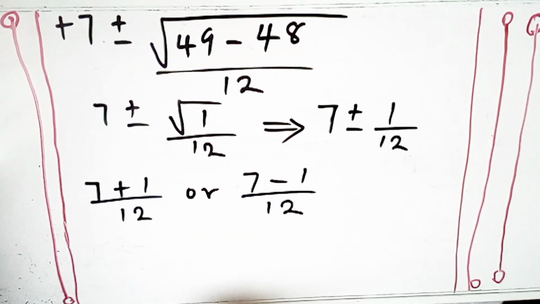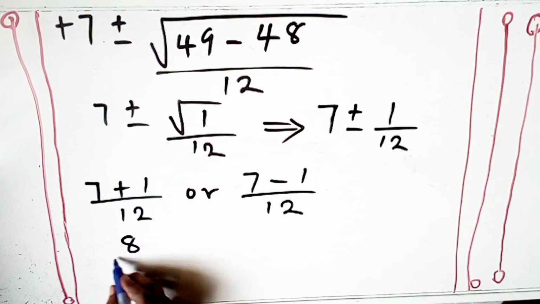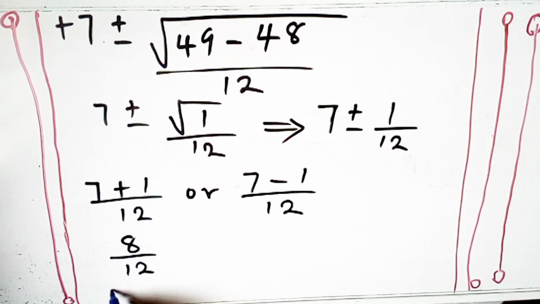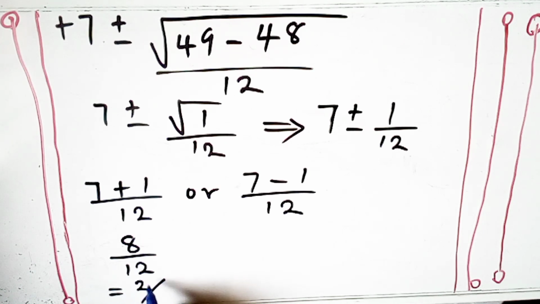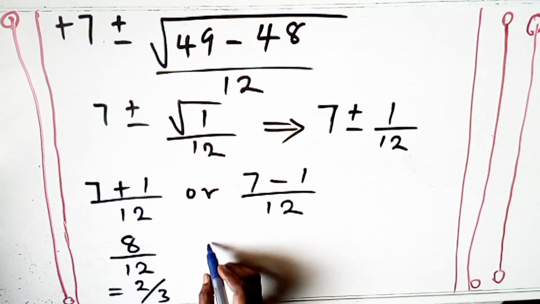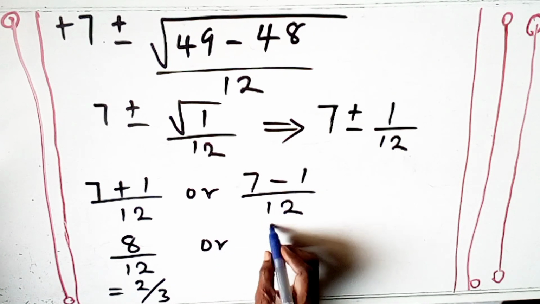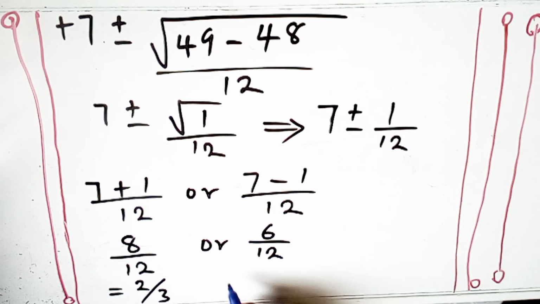Let's solve them separately. So we got 8 over 12, which is equals to 2 over 3, and we use 4 to divide. 7 minus 1 will give us 6 over 12. And when we did that, 1 over 2. You see, we got the same answer.